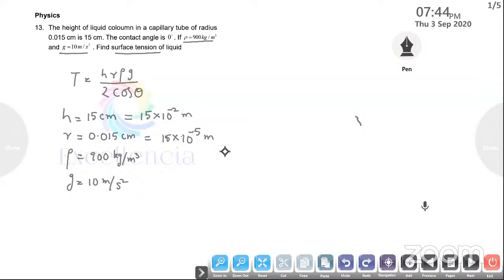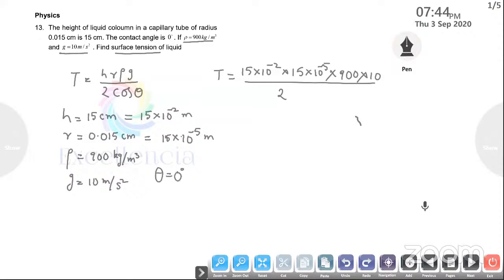Now substituting these details in the formula of surface tension, we'll have 15 into 10 power minus 2 into 15 multiplied by 10 power minus 5, and density is 900 kg per meter cube, and acceleration due to gravity is 10, divided by 2 into, and here angle of contact is given as 0 degrees, therefore this is 2 cos 0 degrees.